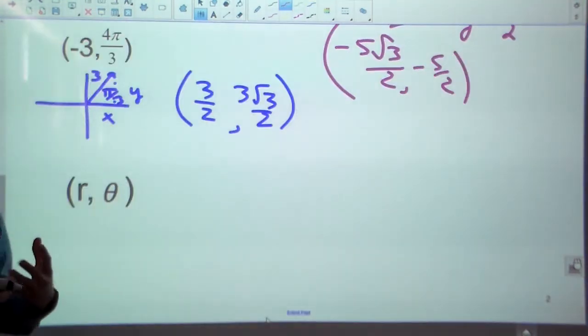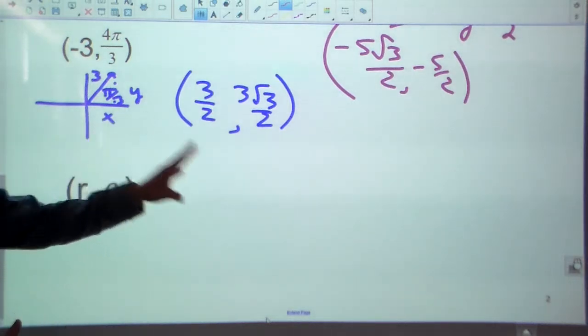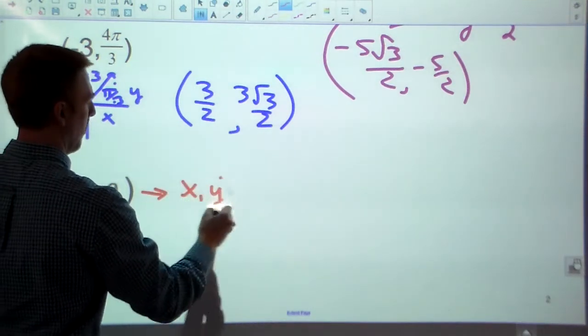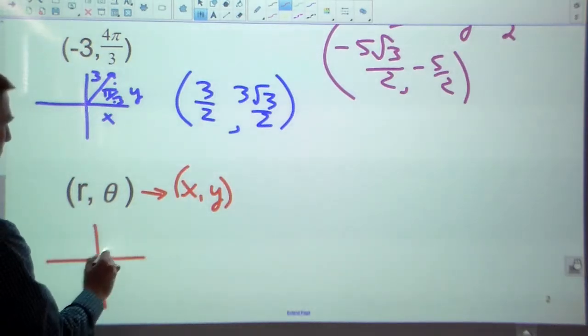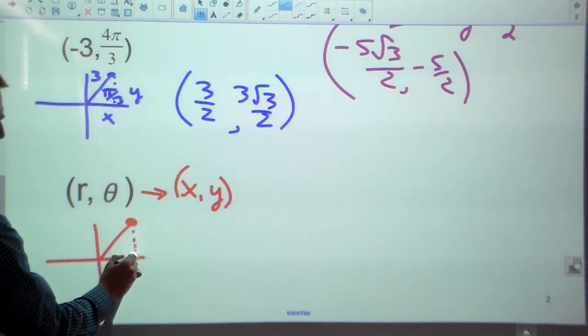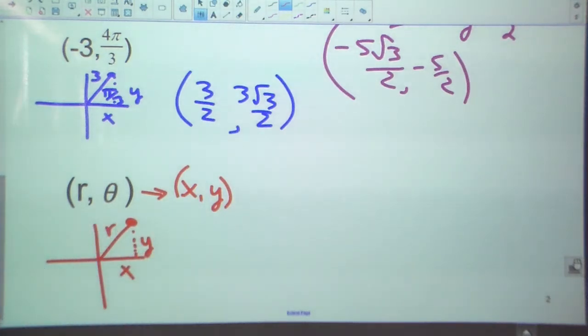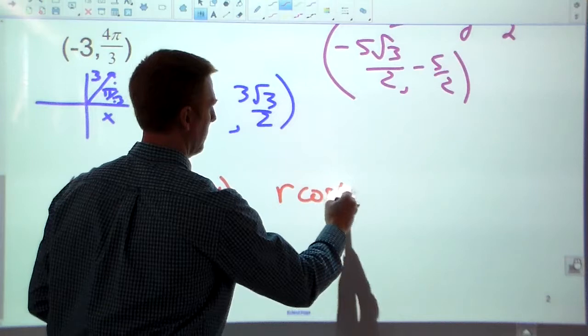All right, so now that you've done a few of these, let's see if we can do a generalization that gives you a method that'll always convert any polar coordinate back to an xy coordinate. So just to make it clear, I want to go from that to an xy coordinate. Well, the method that's always happening, because we're making a triangle basically with some xy coordinate given this radius, is that the way we get our x coordinate is the radius times cosine of your angle.